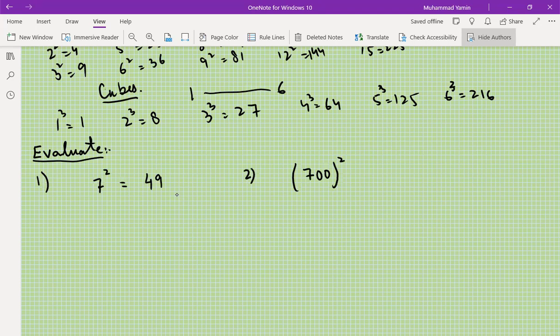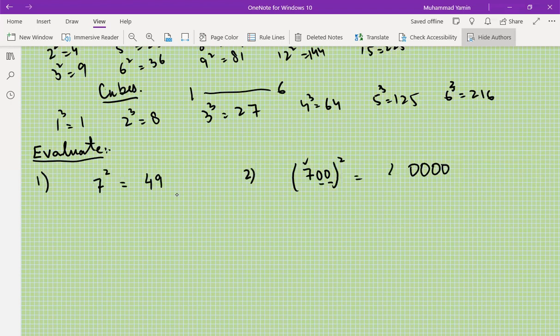Now what we do is, first of all, we double the number of the zeros here. Right now we can see 2 zeros, but since it is square, it will have a double number of zeros, meaning not 2, but 4 zeros here. And then the leftover value, that is the number, should be squared.